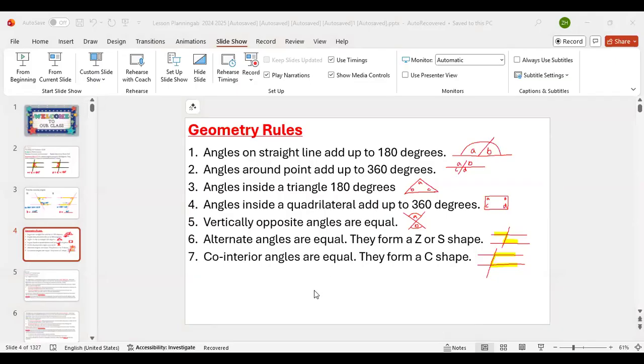Dorcia, read number 6. Alternate angles are equal. They form a Z or S shape. Very good. And Sharonique, read the last one. Co-interior angles are equal. They form a C shape. Very good.